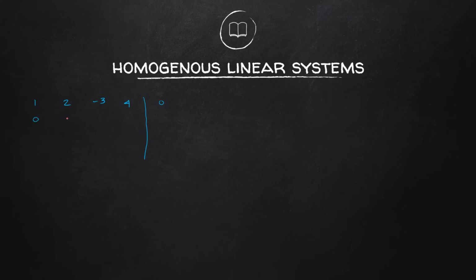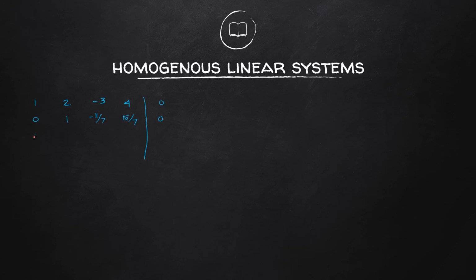We have 0, 1, negative 11 over 7, 15 over 7, 0.